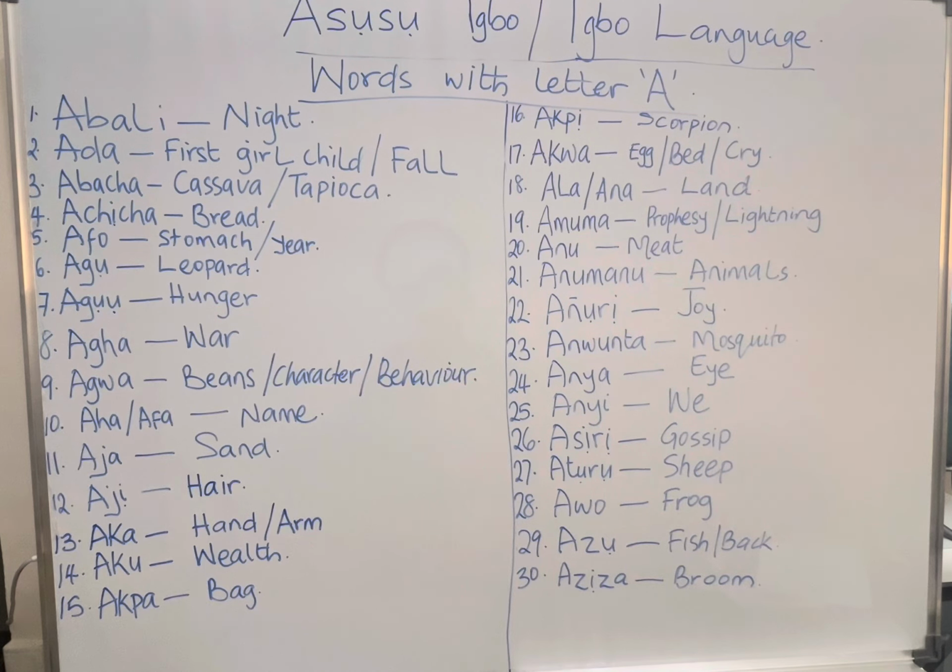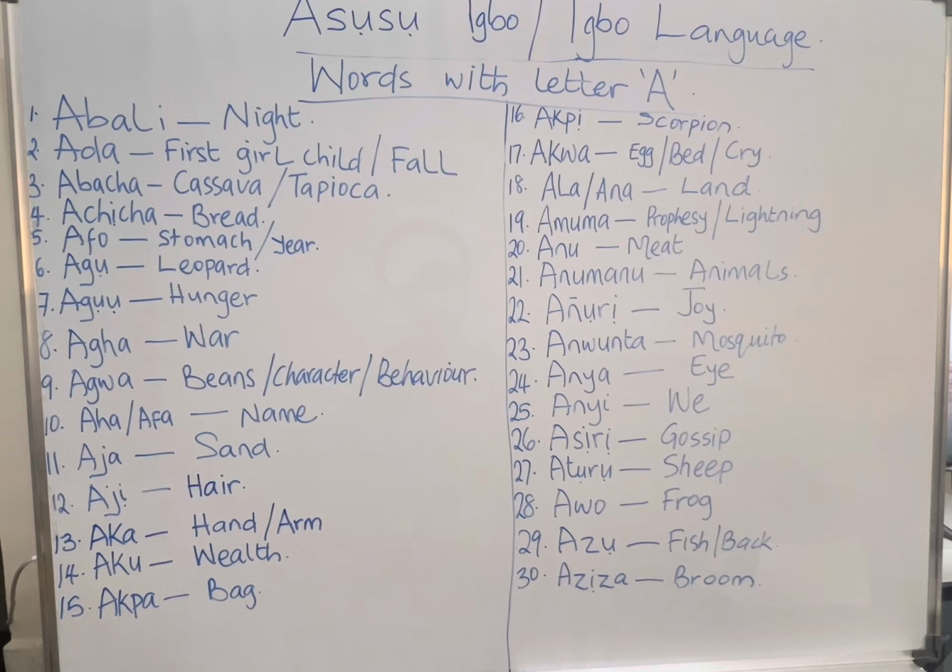Agua, beans or character, that is human behavior. Number 10, we have aha. And then in some dialects, you may also hear alpha. Aha and alpha, both are the same. They mean name.